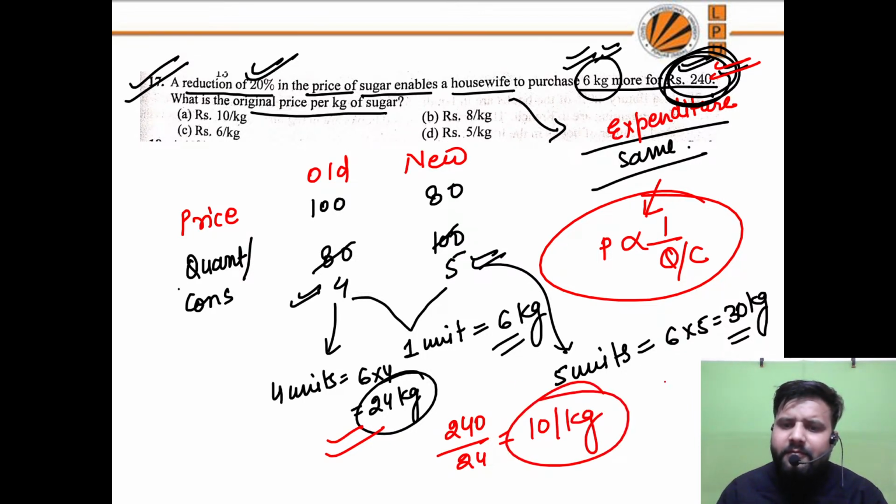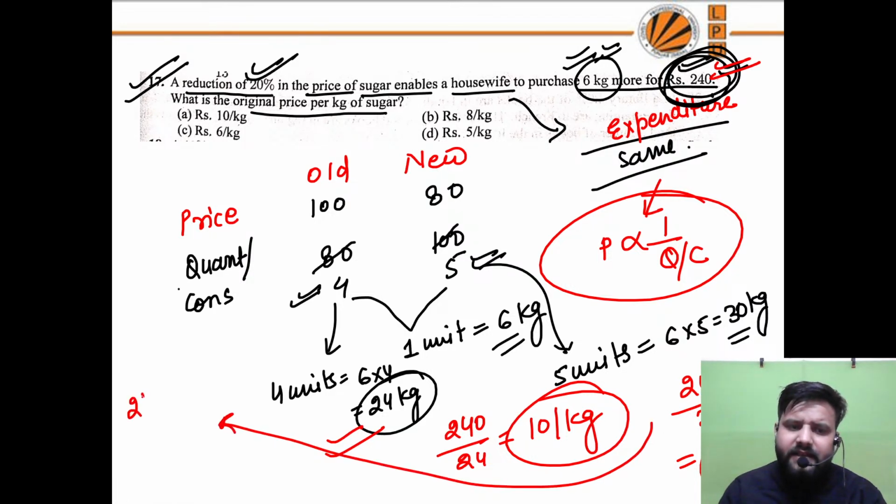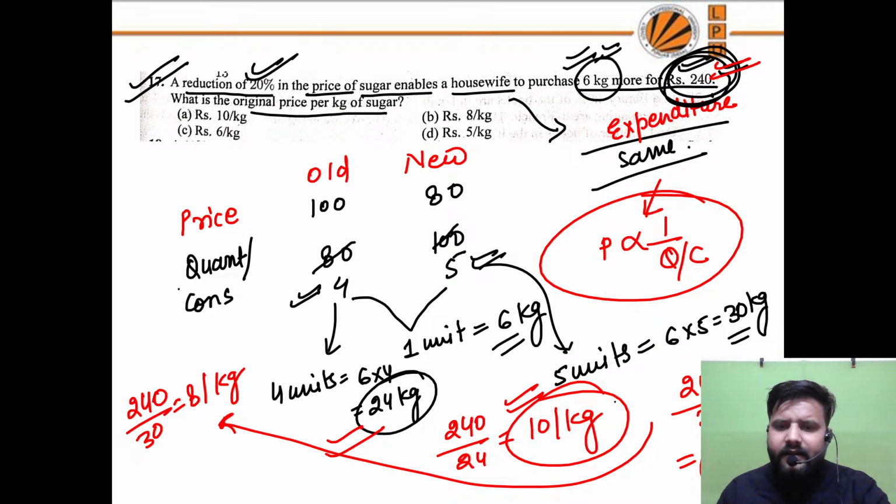If they ask for the new price, it would be 240 divided by 30, which is 8 rupees per kg. But in the question they are asking for the original price, so the answer is 10 rupees per kg. Okay, she got the question.